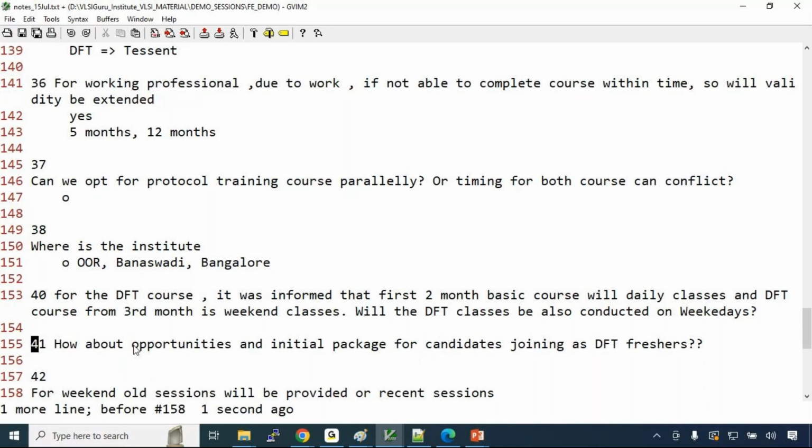Opportunities-wise, I'll be frank, there are not as many as functional verification opportunities for DFT people. Let's say for DV, I get 10 jobs a month, for example. I won't get 10 for DFT. I'll get 3 companies in a month, for example.